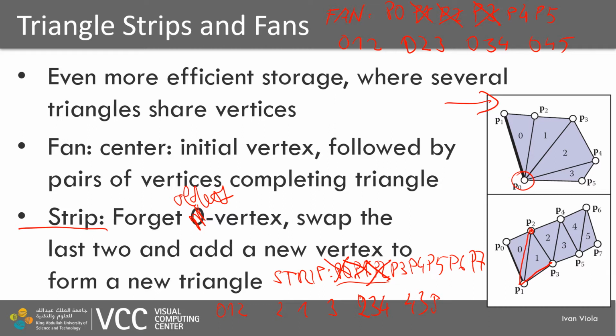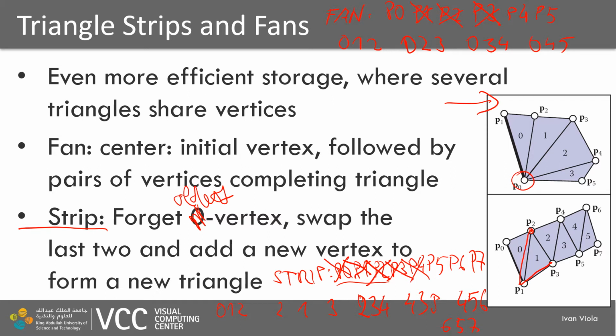And then we are forgetting the 3, and we are continuing without swapping. So 4, 5, 6, and then for the last one, we forget the 4, and then the last triangle will be defined as 6, 5, 7.